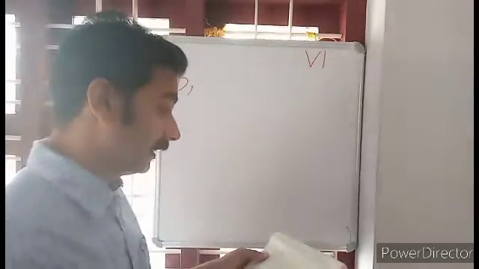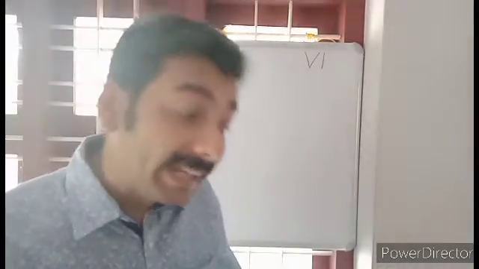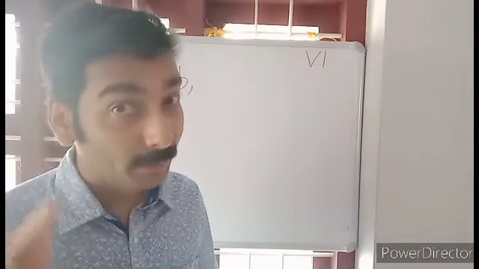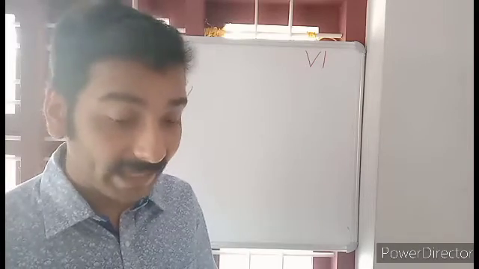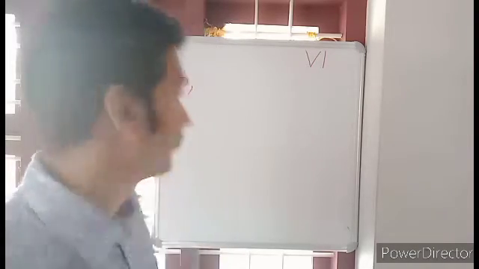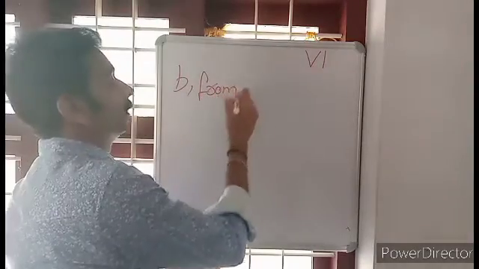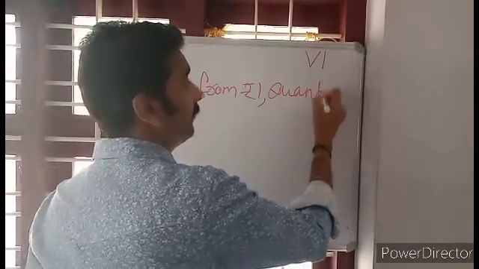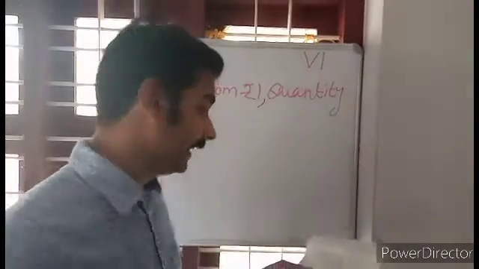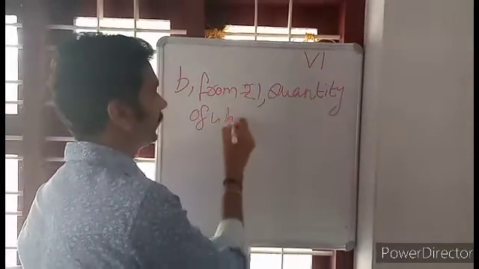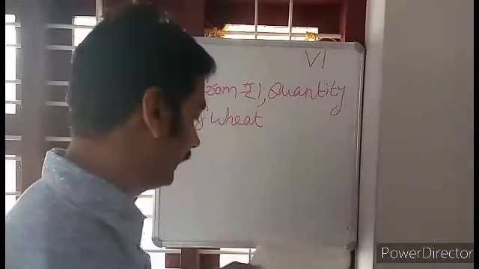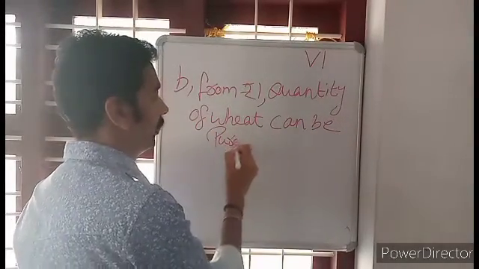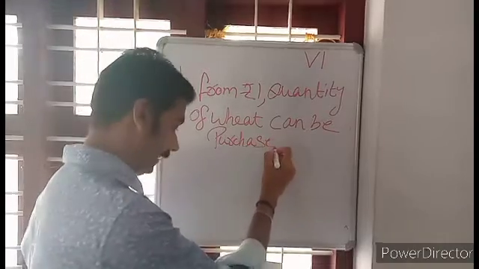First we find: for rupees 30.50, the quantity of wheat that can be purchased is 5 kg. But for rupees 1, we find the quantity of wheat that can be purchased.